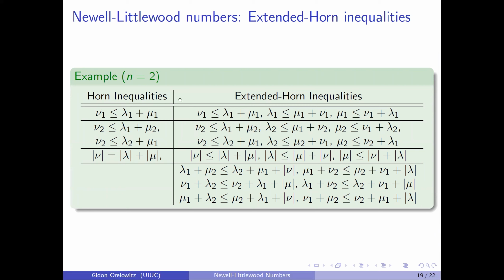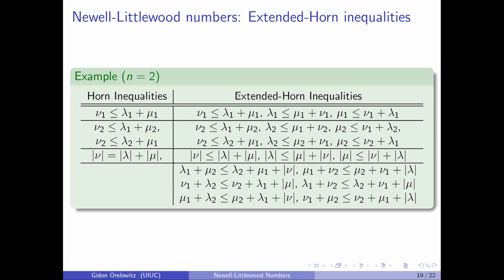So you can see that these are the 3 Horn inequalities we were talking about before, and these are each contained in the extended Horn inequalities, which makes sense because, again, LR coefficients are special cases of NL numbers. So you would expect things that are necessary and sufficient for those to show up here. And not just the original Horn inequalities, but again, we're symmetric in all 3 variables.